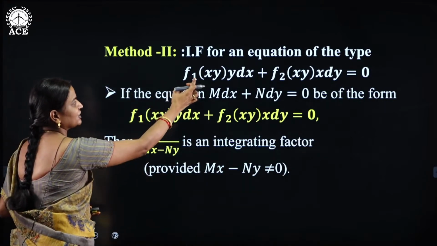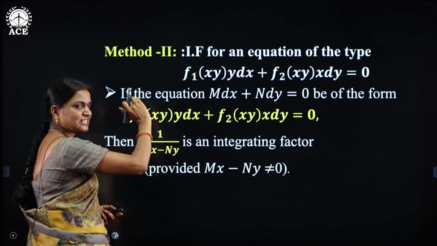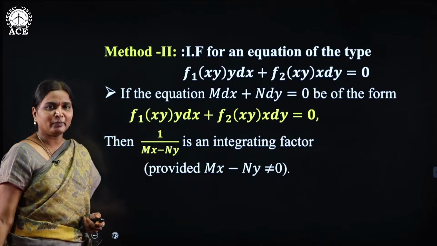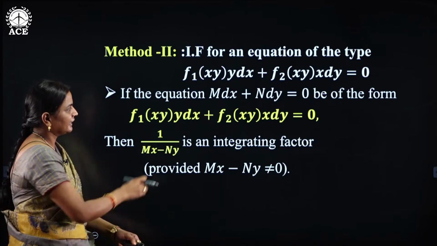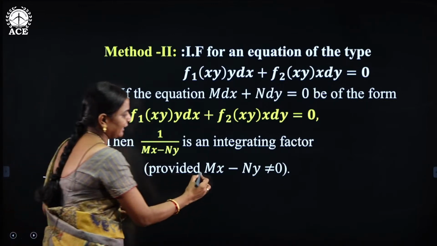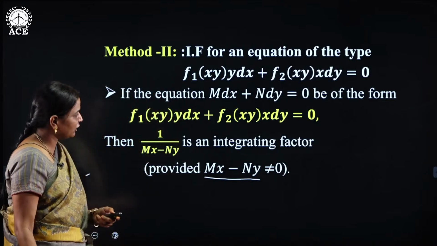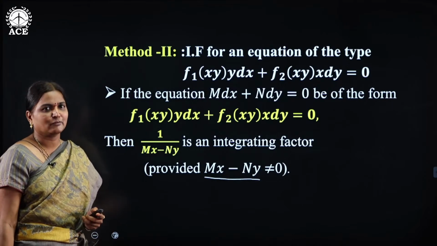So this is the nature of the given differential equation. If the given differential equation is in this form and is non-exact, then 1 by (Mx minus Ny) is an integrating factor, provided Mx minus Ny is not equal to 0. When it is equal to 0, the integrating factor does not exist.